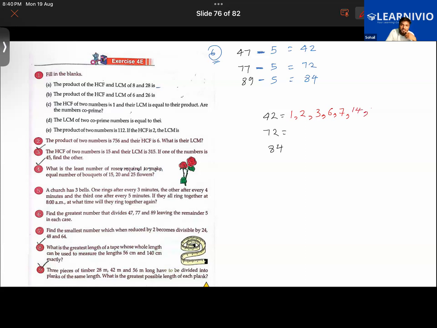Then 21, since 21 twos are 42, then 42. Okay, now for 72, the numbers are?